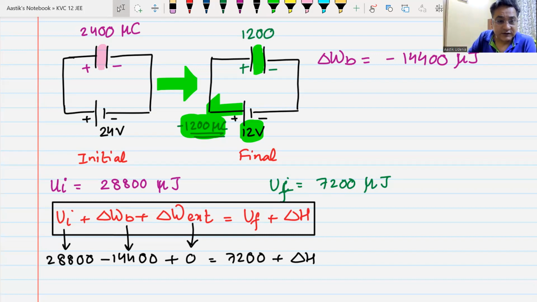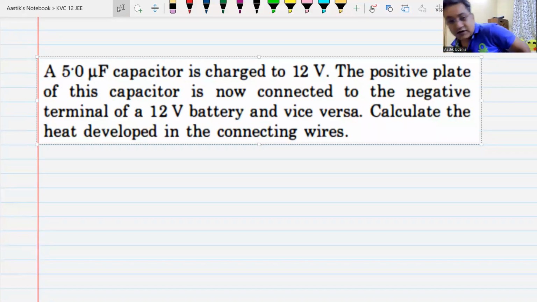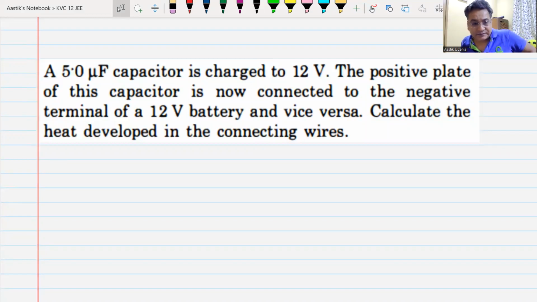So the last question of this category comes on your screen. Again, it is from your same book, question number 48, I guess. A 5 microfarad capacitor is charged to 12 volt.